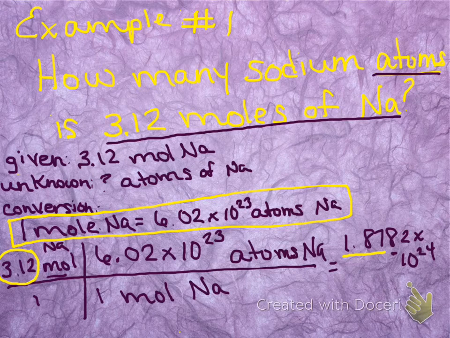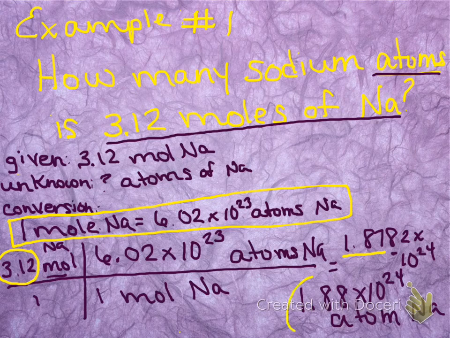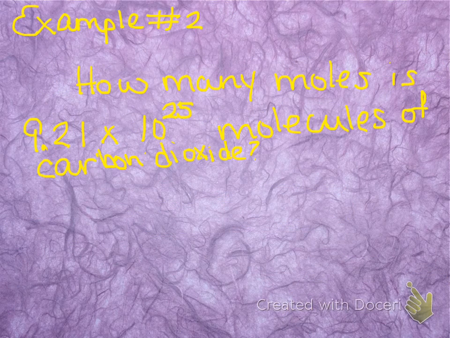Okay, so we're going to round this to 1.88 times 10 to the 24th. Our units are going to be atoms of sodium. Okay, so now you've done your very first mole conversion problem.